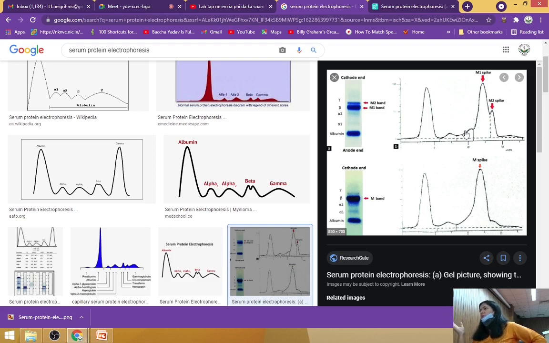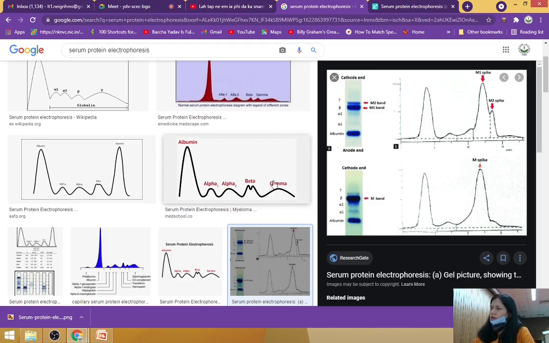Their concentration may be increased, in that case we call them positive acute phase protein. When the concentration is decreased, they are known as negative acute phase protein. So remember, C-reactive protein is a positive acute phase protein.